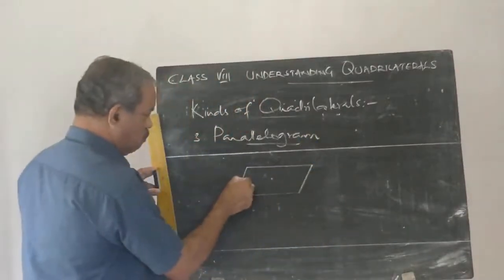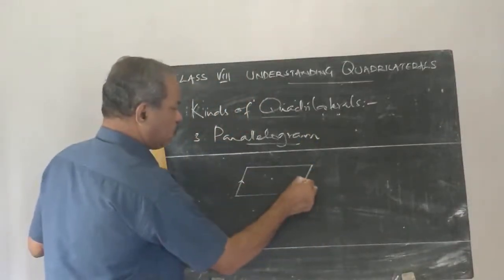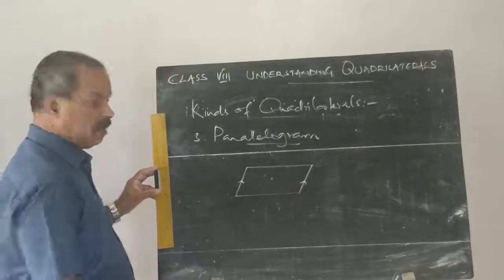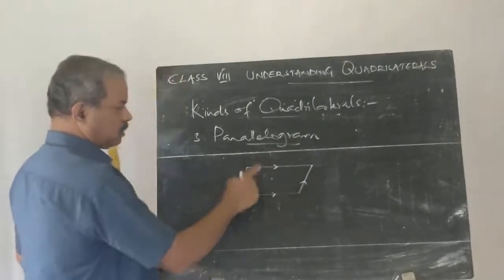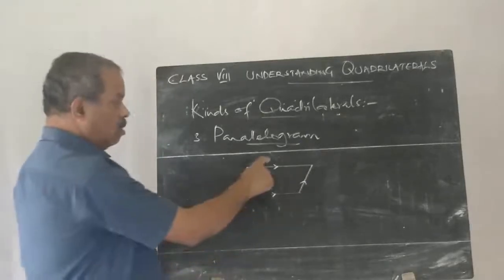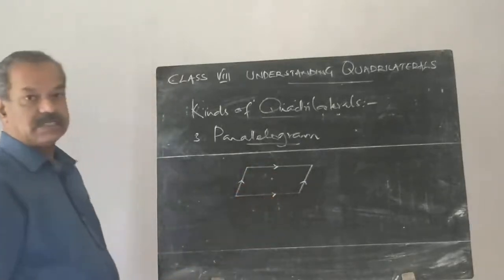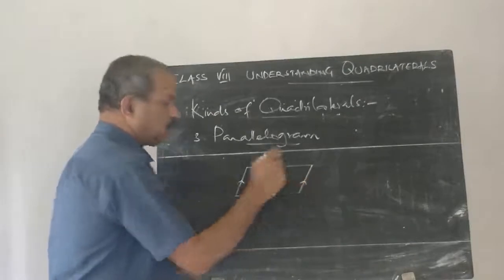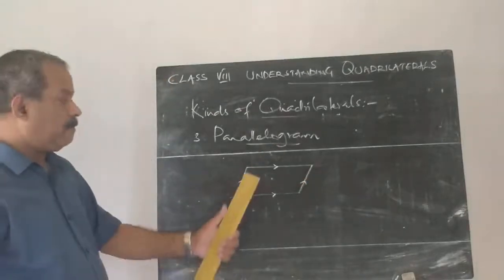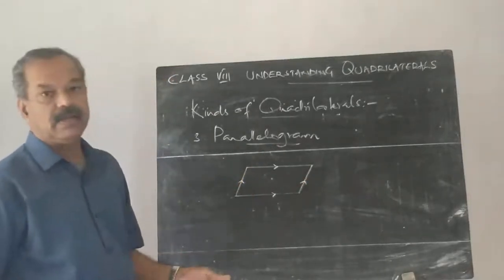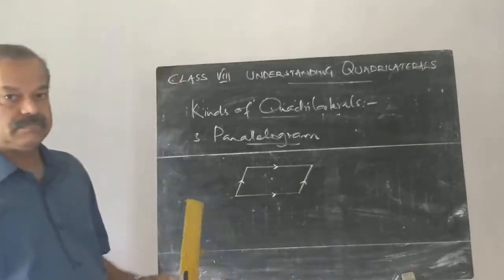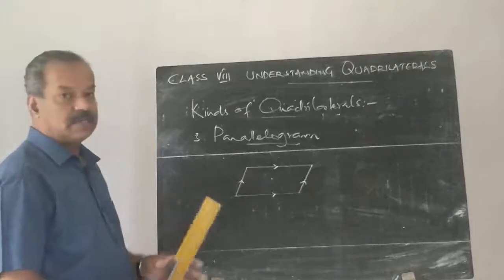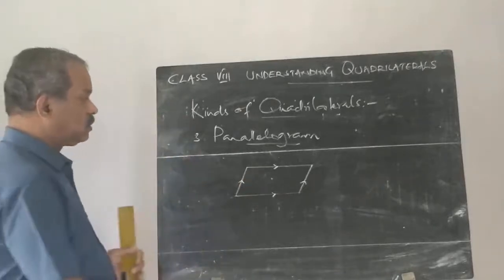Here, both pairs of opposite sides are parallel. These two opposite sides, these are opposite sides. This pair of opposite sides are parallel. So, a parallelogram is a quadrilateral in which the opposite sides are parallel. So, this is a parallelogram.